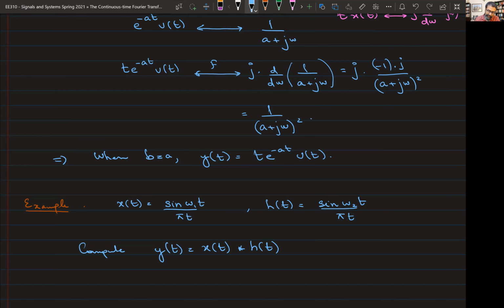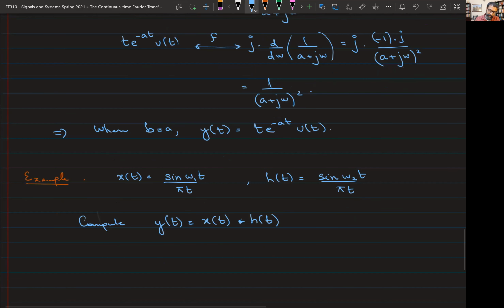So x of j omega, I know from the analysis that I just did for the low pass filter, is actually a rectangular pulse, which resides between plus omega 1 and minus omega 1, if this is omega. And h of j omega is exactly that.